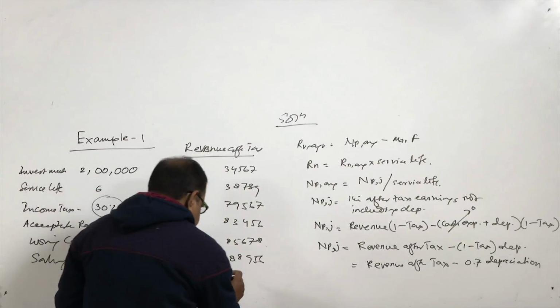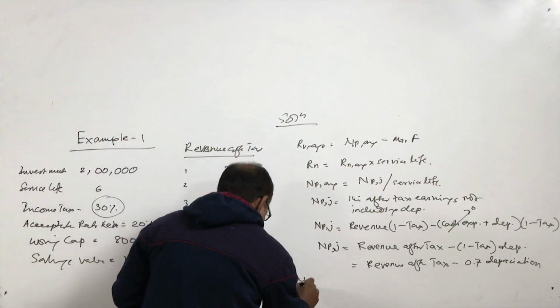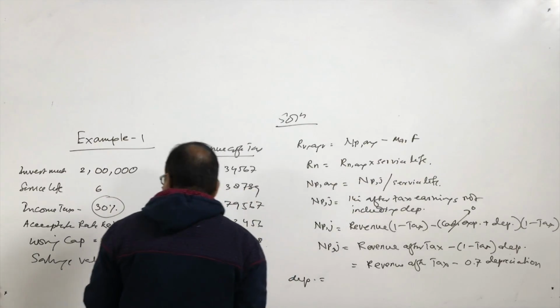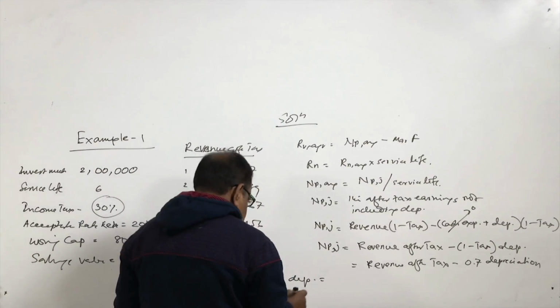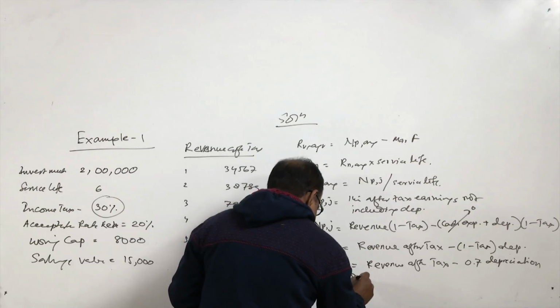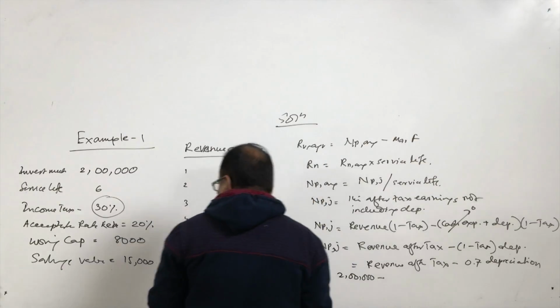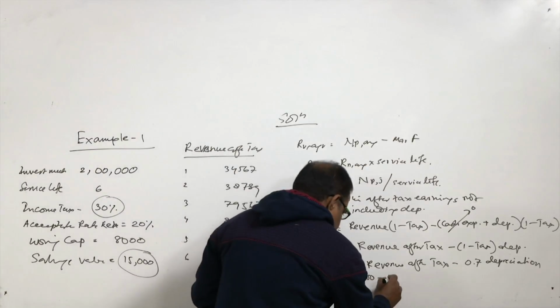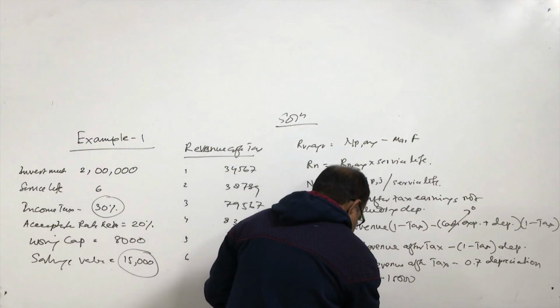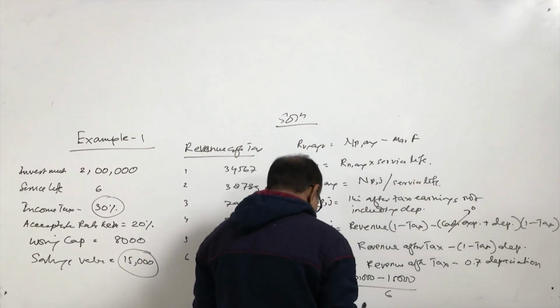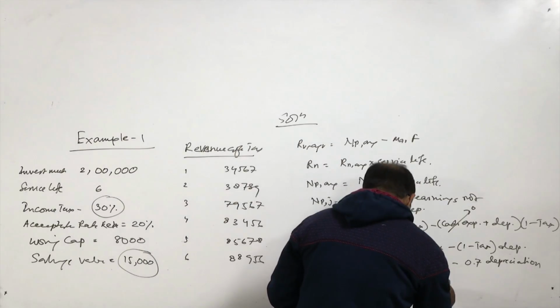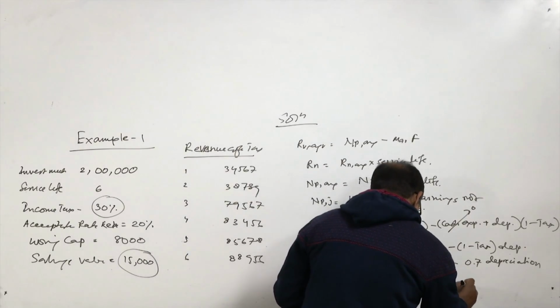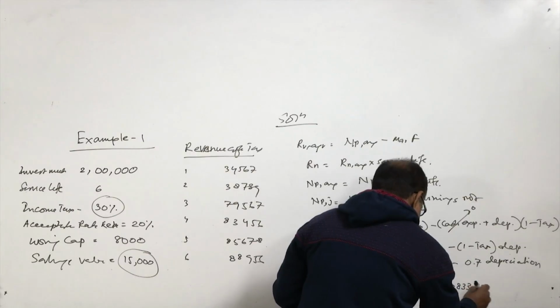Now depreciation, in this case, is 2 lakh minus the salvage value, 15,000, divided by 6, which comes out to be rupees 30833.33.